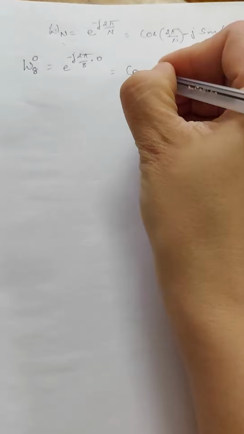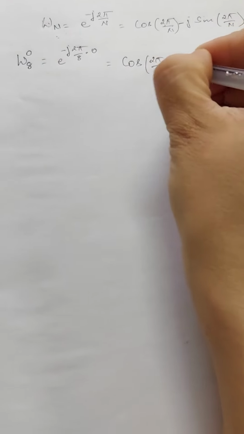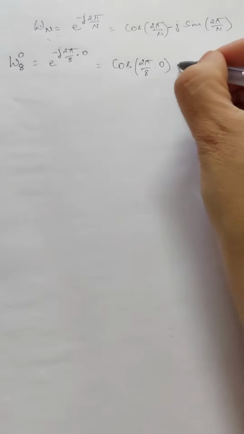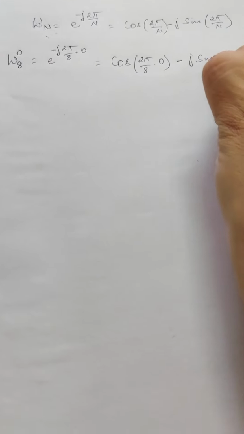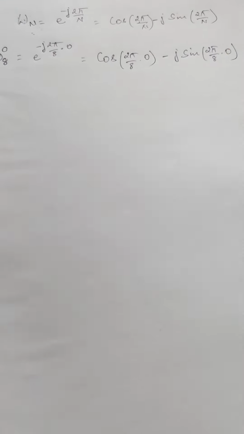So for that purpose, it is cos of 2 pi by 8 into 0 minus j sin 2 pi by 8 into 0.